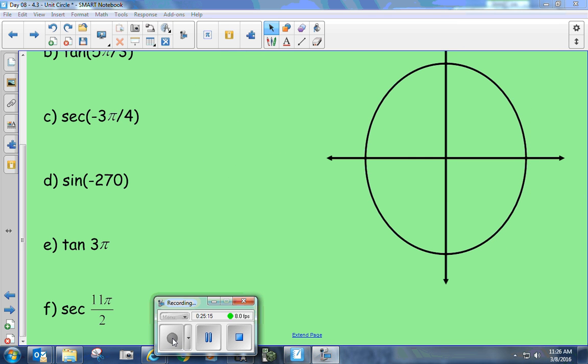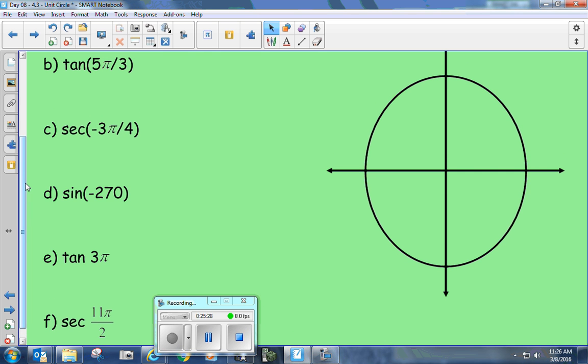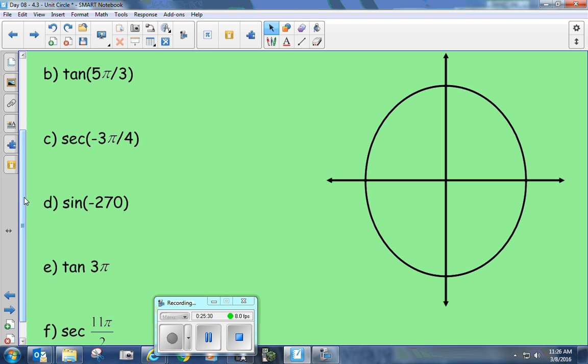Now, we did A, B, and C already, so we're just going to do D and E. F kind of has the same concept. Without even plotting negative 270 degrees in the unit circle, how do I know what the sine of negative 270 is? First of all, where would negative 270 be in our unit circle? It would be where 90 is, the same as negative 270.